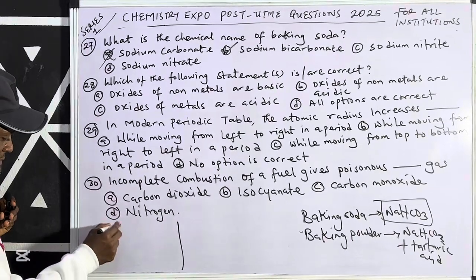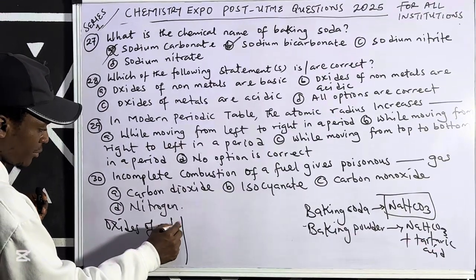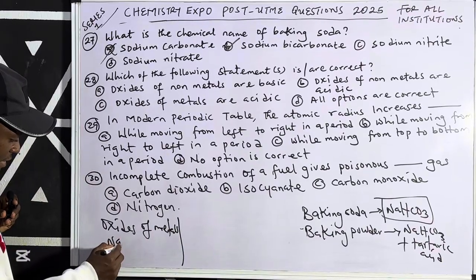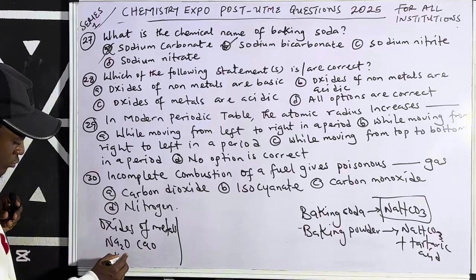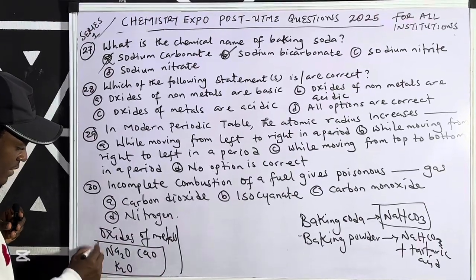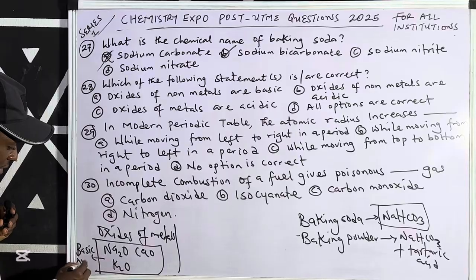For oxides of metals, we have classical examples like Na2O, CaO, K2O. These are oxides of metals and they are basic oxides. How are they basic oxides?